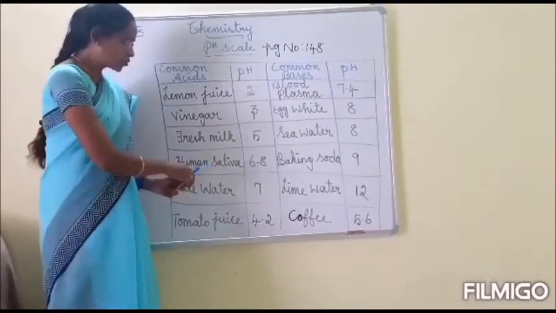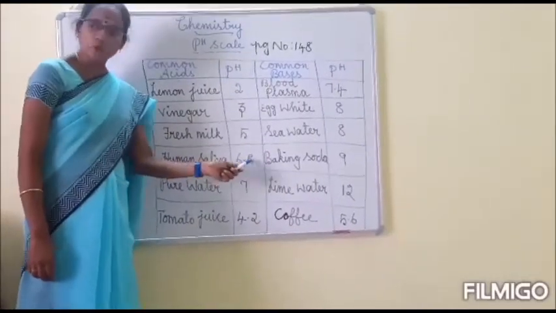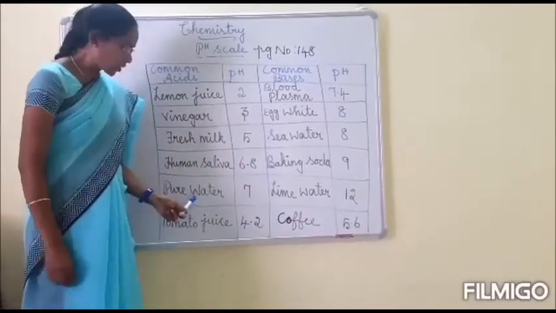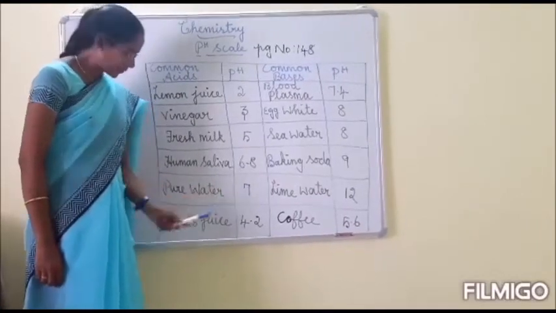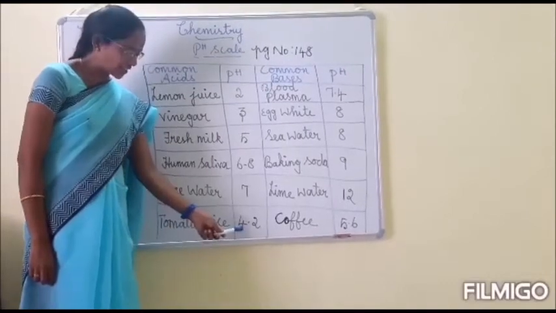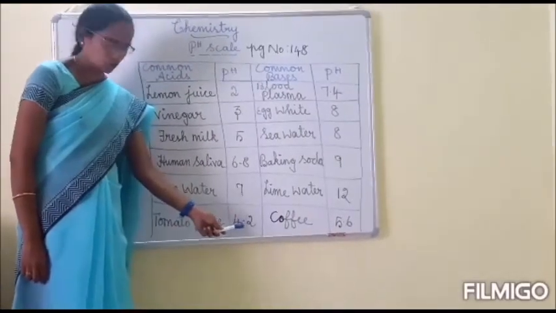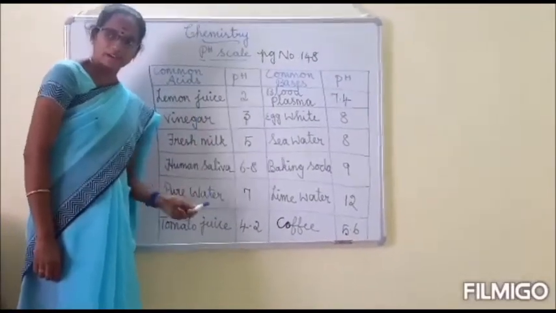Next, human saliva, its pH is between 6 to 8. The next one is pure water, its pH is 7. Next, tomato juice, its pH is 4.2. So these are some examples of common acids.